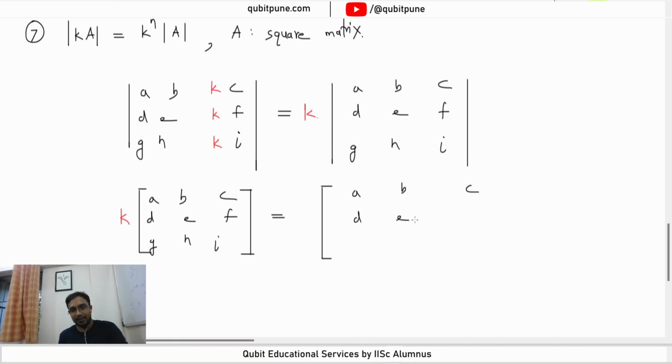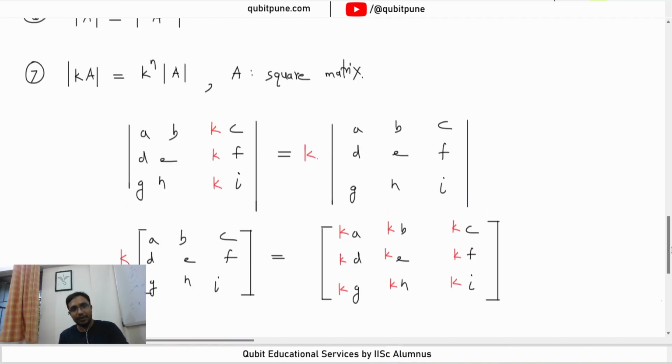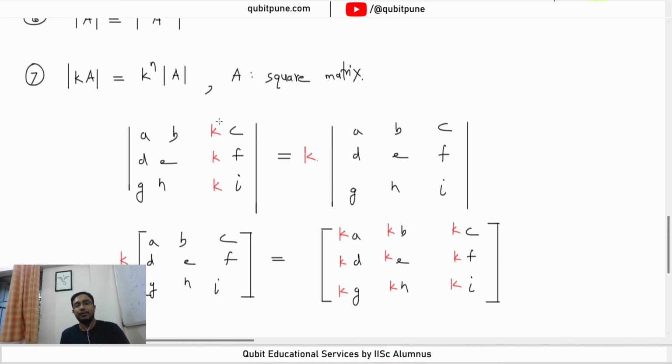And therefore we have to adjust this particular property accordingly. So for matrices it's different, for determinants it is different. If you want to write the same property in terms of matrices, the determinant of kA is k raised to n into determinant of A. Have you followed this? Okay.